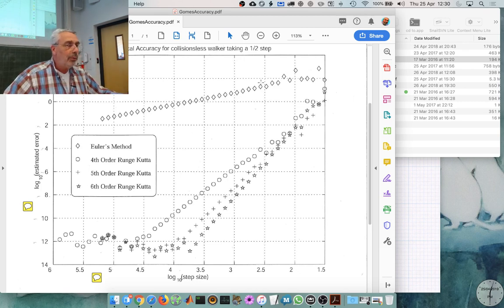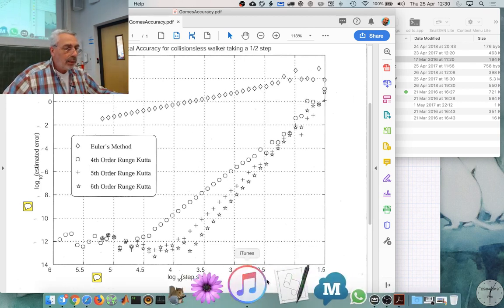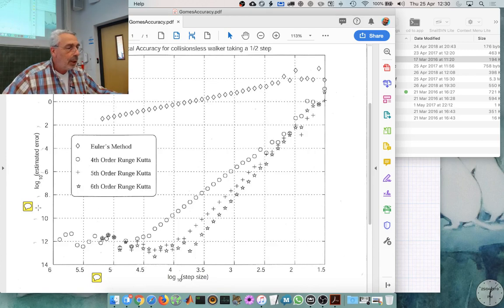And here you see for different methods, as a function of the step size h, what the estimated error was. You see an Euler method, a Runge-Kutta, and a 5th and a 6th order Runge-Kutta. You see this behavior: when the step size goes down, the error goes down, and there's a different scaling here. So this is 1 unit, so 2 squares is 1 unit here, and one square here is 2 units.